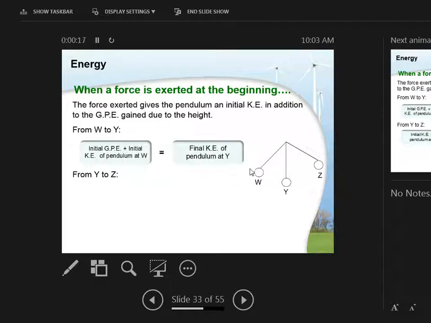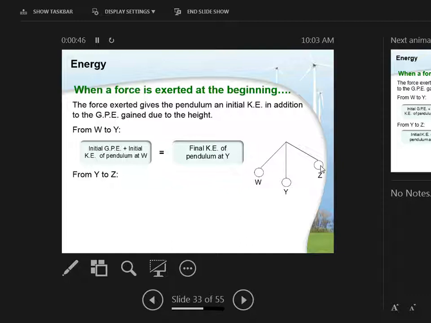So the total energy at W will be your gravitational potential energy plus the kinetic energy that I provide. And it will swing. It will reach a highest point Z. At this point, is it stationary or is it still moving when it is at the highest point Z? Stationary. So is there kinetic energy? It is stationary at Z. Is there kinetic energy? Don't have.